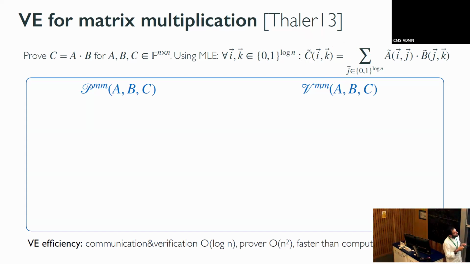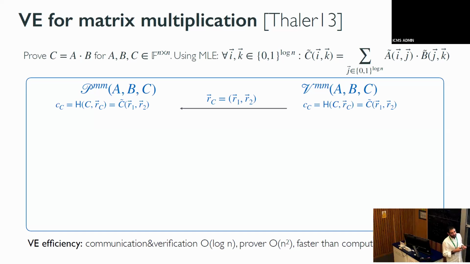Okay, so what you do is first compute a fingerprint of the output matrix C, which consists of sampling two random vectors R1 and R2 of log n size. Prover and verifier compute the fingerprint, which is the multilinear extension of the output matrix evaluated at R1 and R2.